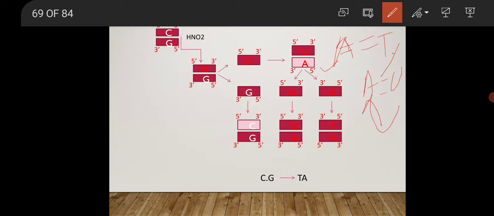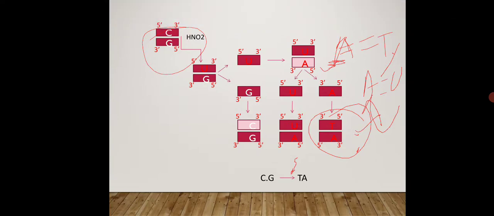So here there is binding of adenine to the uracil during the second replication, and to this adenine there will be binding of thymine. So automatically CG is converted into TA. That is the simple mechanism, same as that of 5-bromouracil.